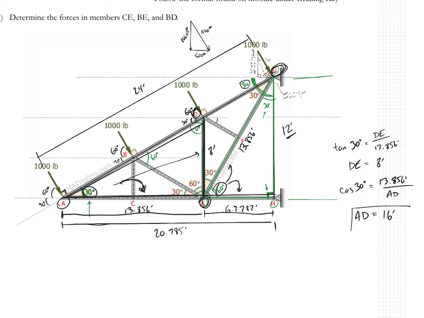So from A to D is 16 feet in total. But really the most important thing is it tells me that this distance right here is 8 feet.